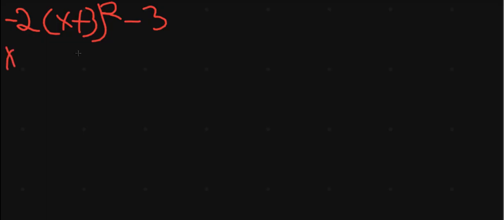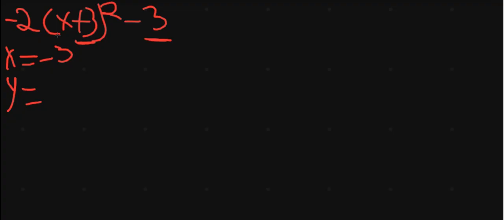Our x and our y of our vertex, remember, are going to be our h value and our k value. So we have a plus 3 for our h value. So that will be minus 3, since we always switch the sign but keep the number.